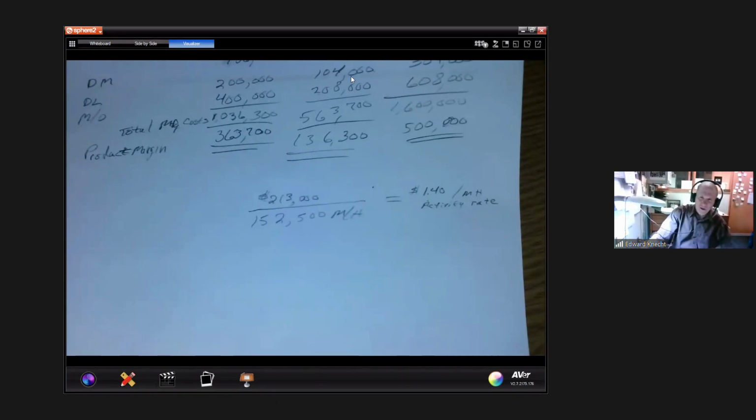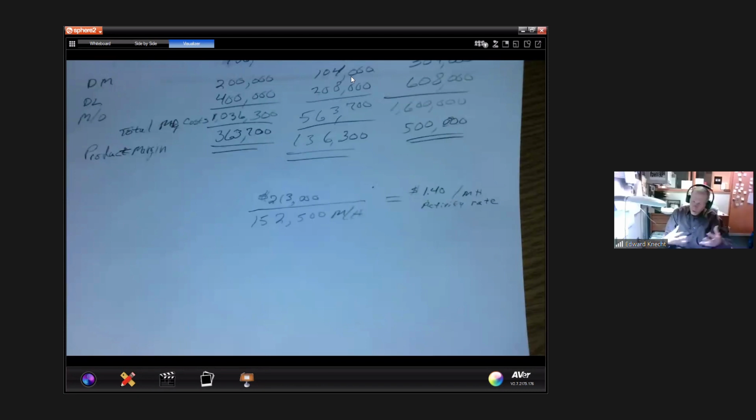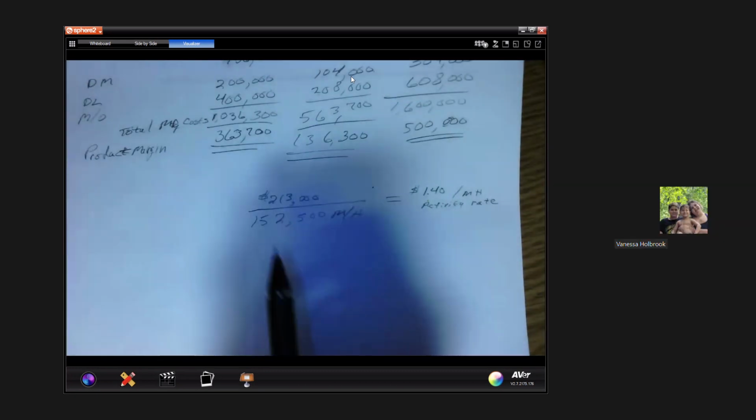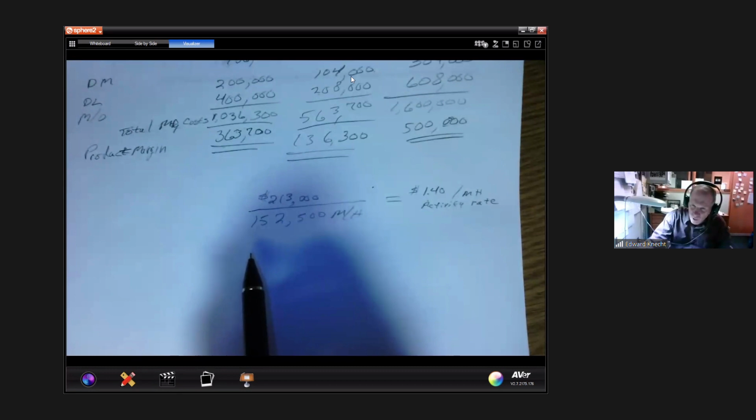Okay, does everybody understand that? Jared, you got that? So what we're doing is calculating predetermined overhead rates for each activity, but it's not called predetermined overhead rates. It's called activity rate. We take the cost of that cost pool and decide what is going to be the allocation base.